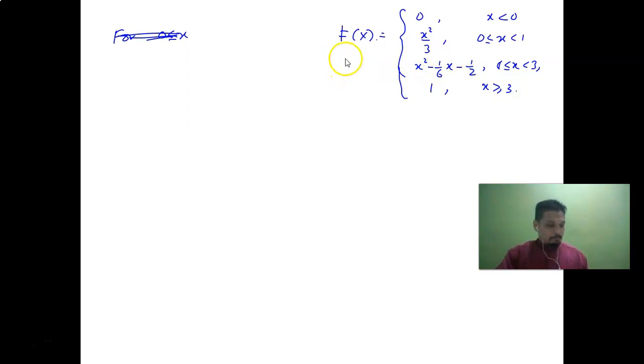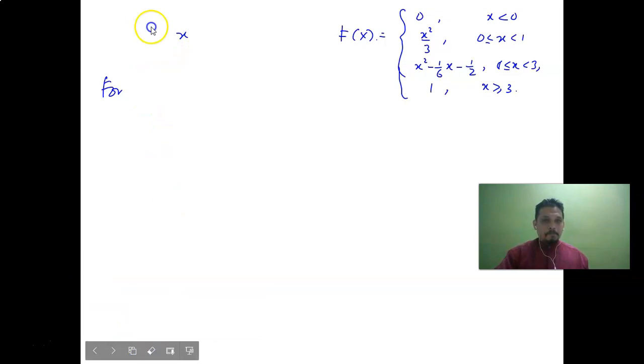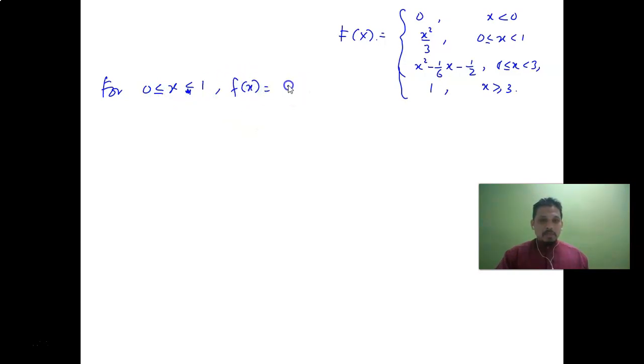Okay. Now, for x between 0 and 1, f(x) equal to the derivative of the function x squared over 3 with respect to x, and this gives you, differentiate x squared, 2, x to the power of 1, divided by 3, so 2 over 3 x.